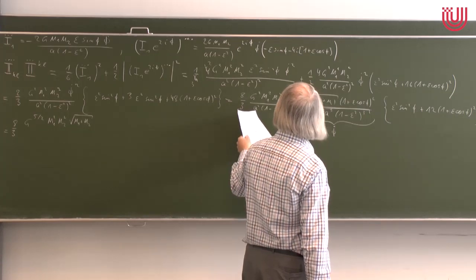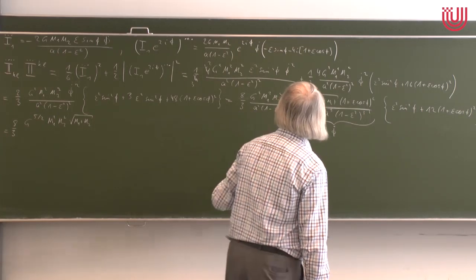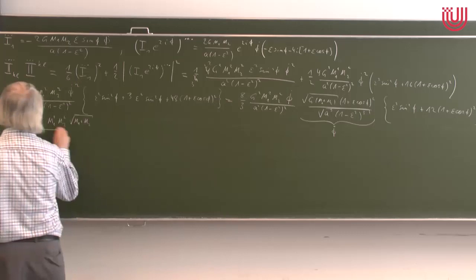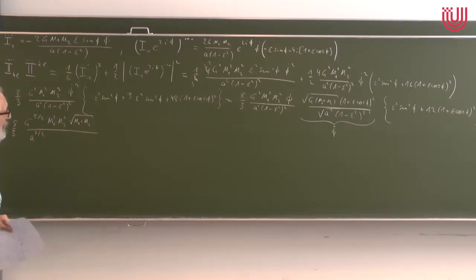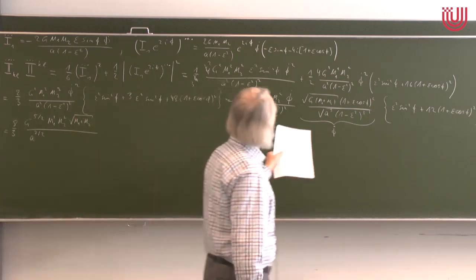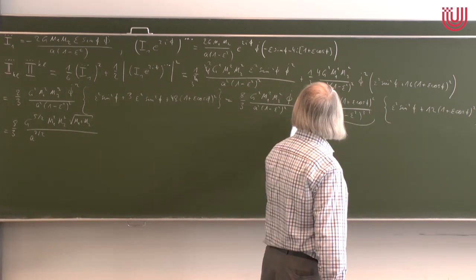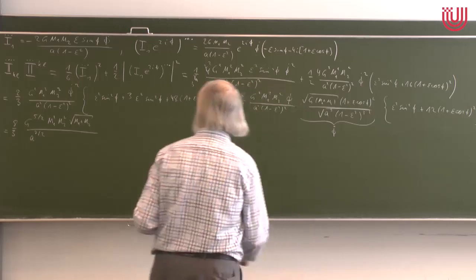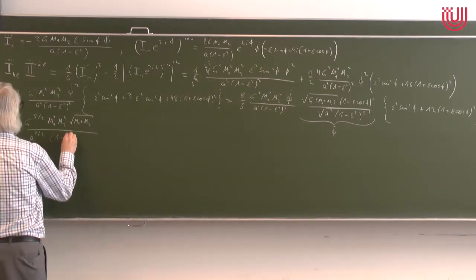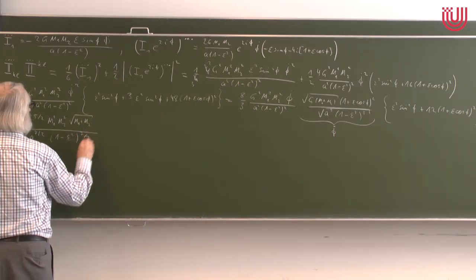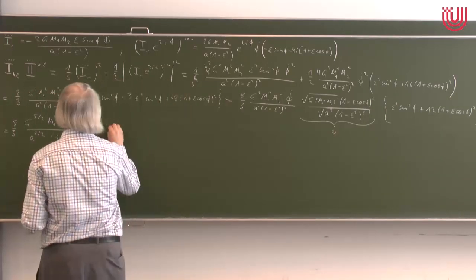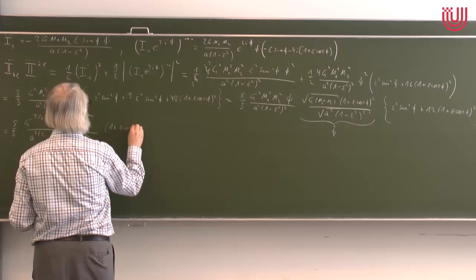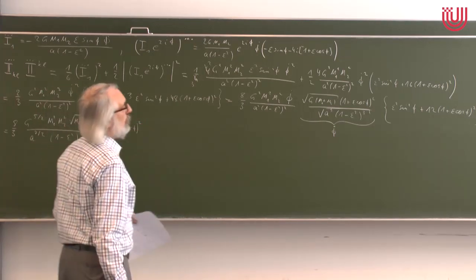And here I have a 4/2 plus 3/2 is 7/2, right? When you deal with gravitational waves, such funny powers occur quite frequently. And here I have a 3/2 plus 4/2 is again 7/2. Okay. And then I have the cosine terms, 1 plus epsilon cosine phi squared.